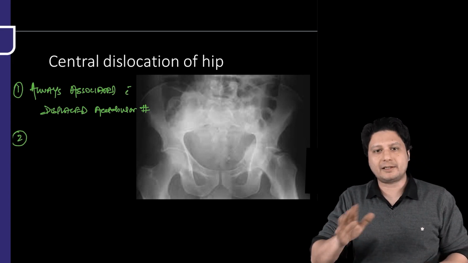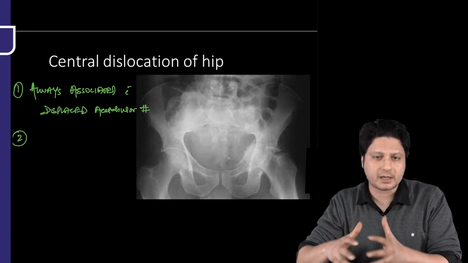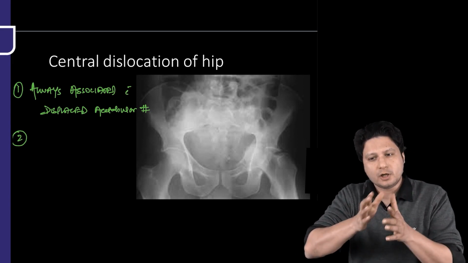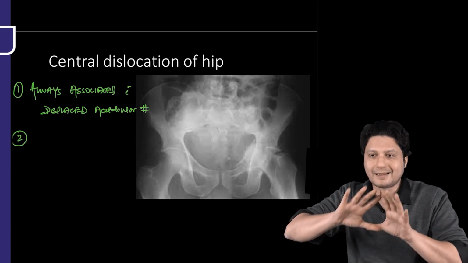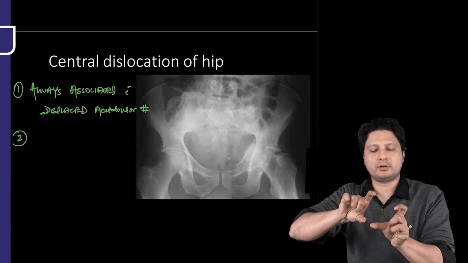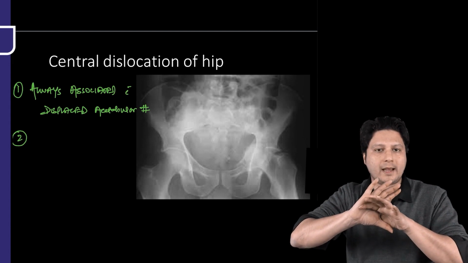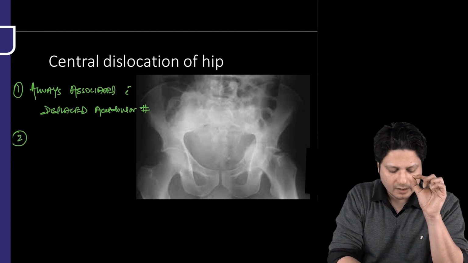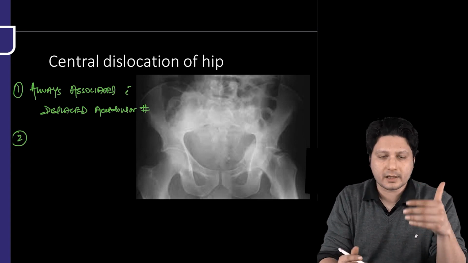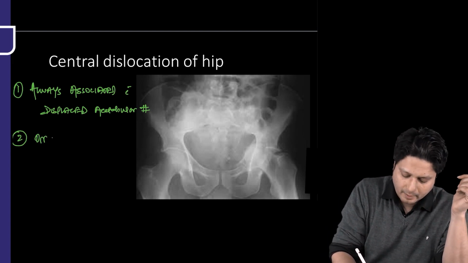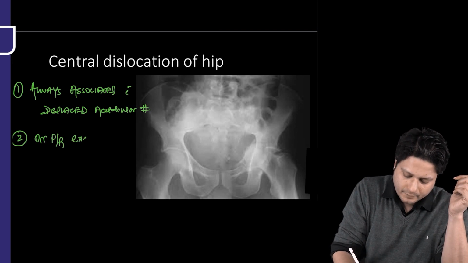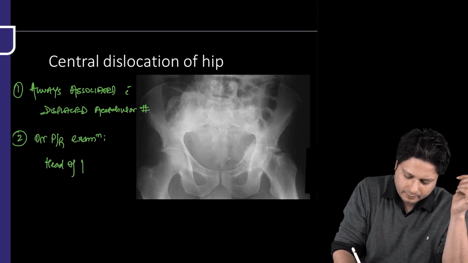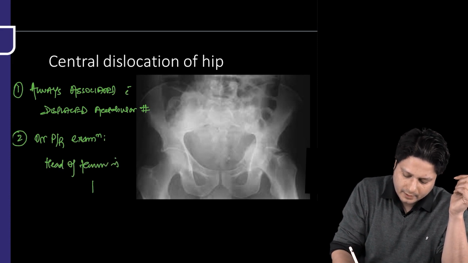Point number two, as far as the attitude is concerned, it will be fixed in abduction when the head moves centrally. So to some extent it will be fixed in abduction, but that attitude can vary based upon the fracture site. So no one is going to ask you anything related to the attitude which is specific for the central dislocation. But yes, one clinical finding which is of significance is that on perrectal examination, the head of the femur is palpable.